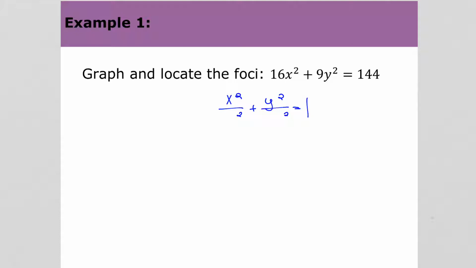Okay? So what we've got to do is take this 16x squared plus 9y squared equals 144. And our focus here is to get the 144 to be 1. So what we do is we just divide everything by 144.